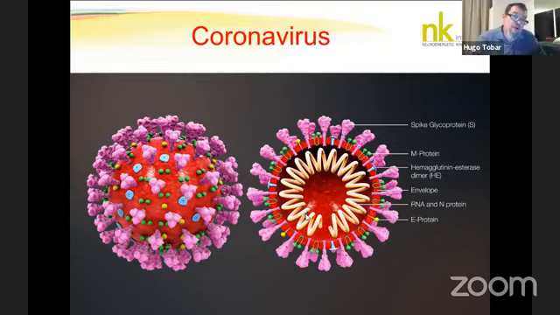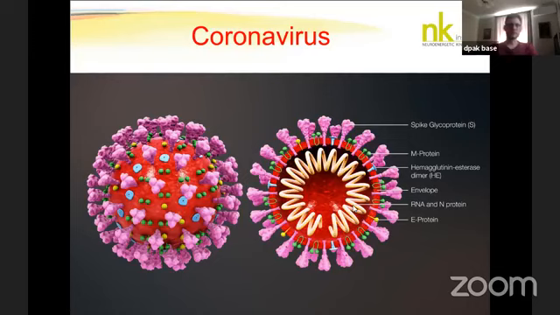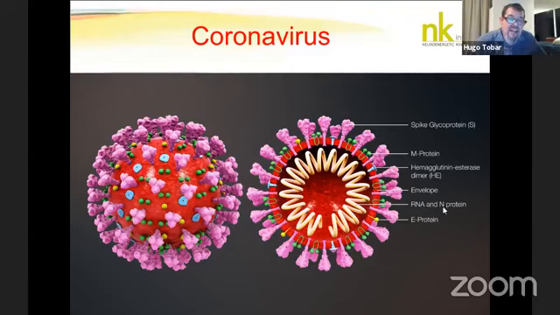Now inside here, this is the single strand of RNA. And you can see here it says N protein.